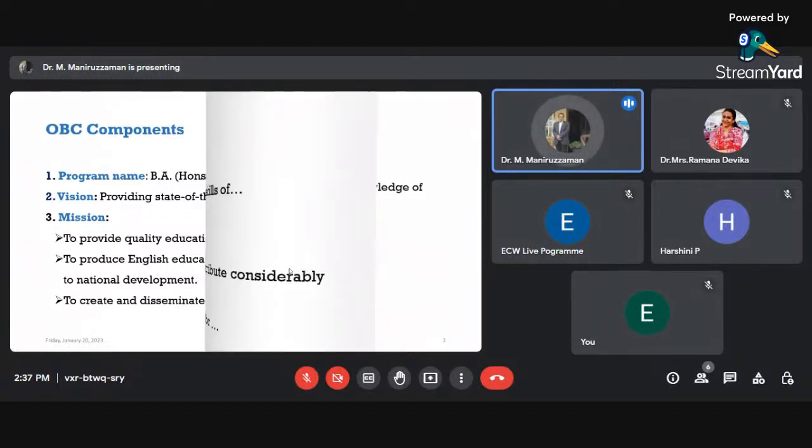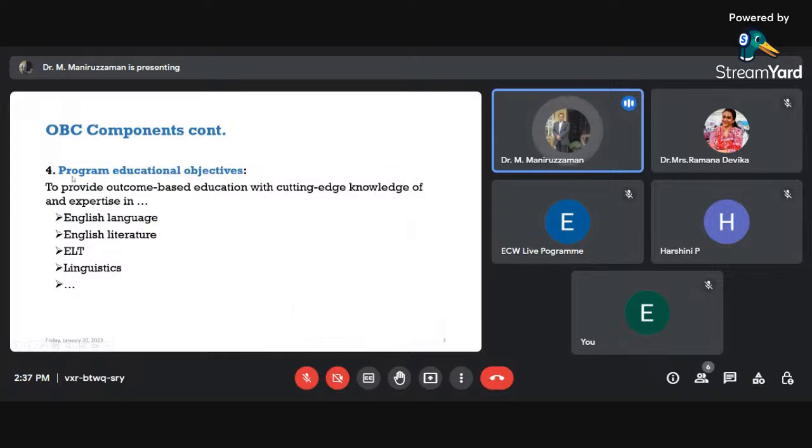The fourth component is the program educational objectives, or we can say program objectives. I already discussed and exemplified. And here I have also exemplified: provide outcome-based education with cutting-edge knowledge of and expertise in English language, English literature, ELT, linguistics, and so on.